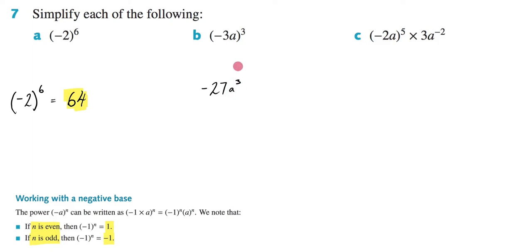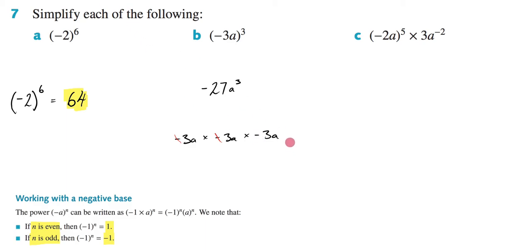Because this is a smaller number, 6 is a bit unwieldy, but I can show you why this is the case. If we were to write this out, it's going to be negative 3a times negative 3a times negative 3a. Now, we know that when we multiply two negative numbers, the negative goes away. But because there's an odd amount of terms here, this negative means that the whole thing is negative.